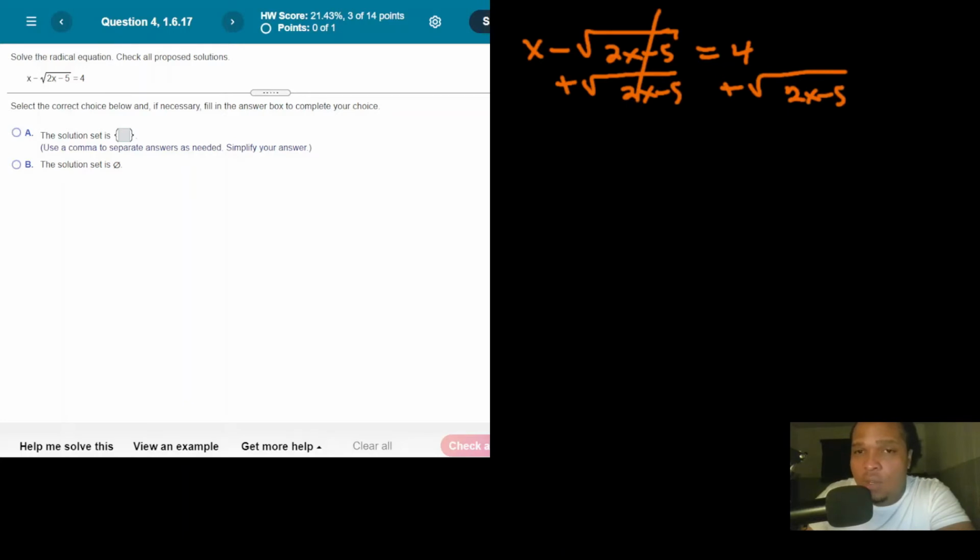So that goes away. You're just left with x is equal to 4 plus the square root of 2x minus 5, right? And I still want the radical to be by itself, so I'm going to move this 4 to the left-hand side. You could have done this in one step. It's up to you.